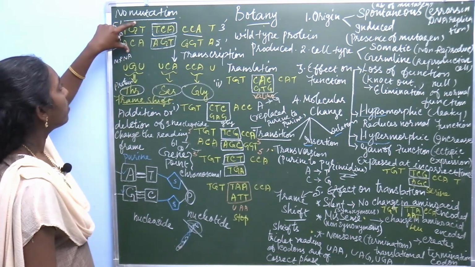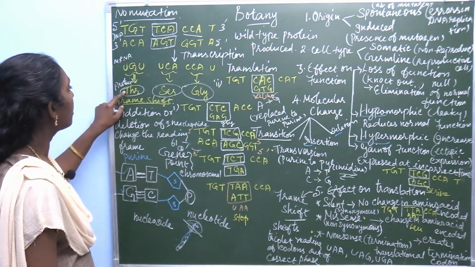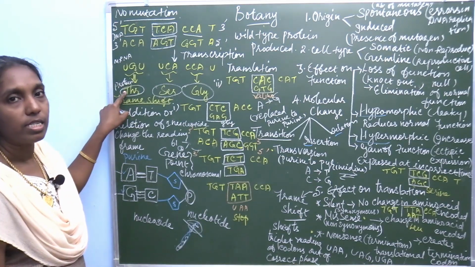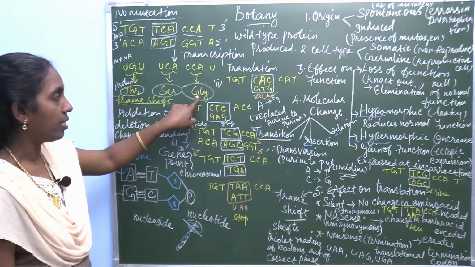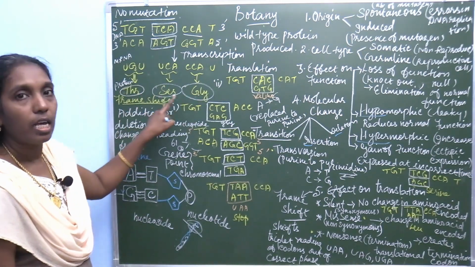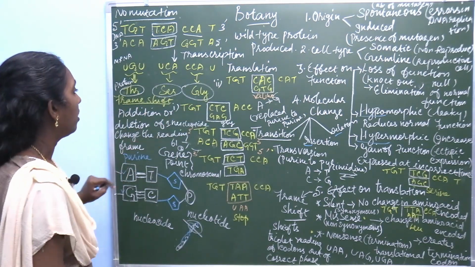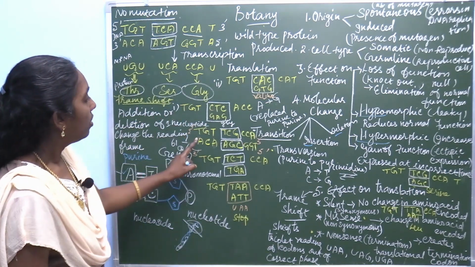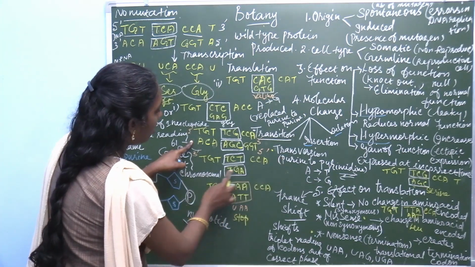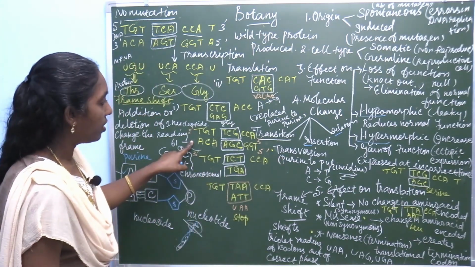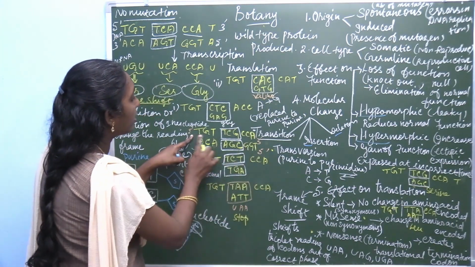Likewise, the first triplet code forms threonine, then serine and glycine. Now, this is transition. This sequence is transversion. So, first one, transition.